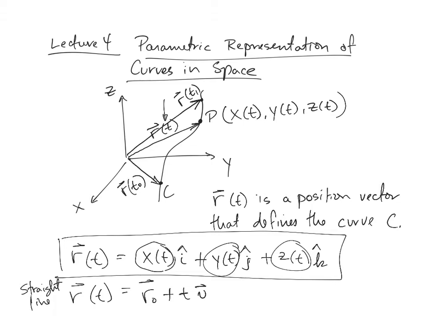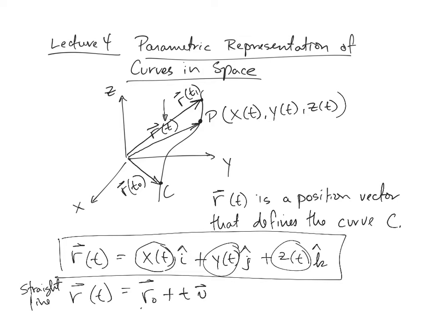So for a straight line in three-dimensional space, what two pieces of information do you need to write the parametric equations for that line? You need a point on the line, right? And you need a vector parallel to the line. Those are the two things you need. And if you have them, you can write the parametric equation for the line.